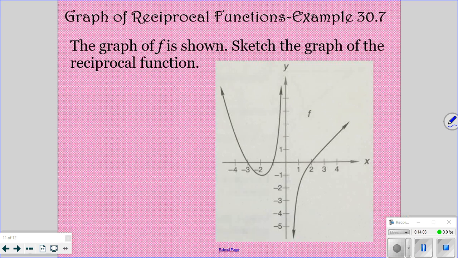So let's look at this one. We want to do our asymptotes first. So where does it cross the x-axis? It crosses at negative 3. It crosses at negative 1. And it crosses at 2.